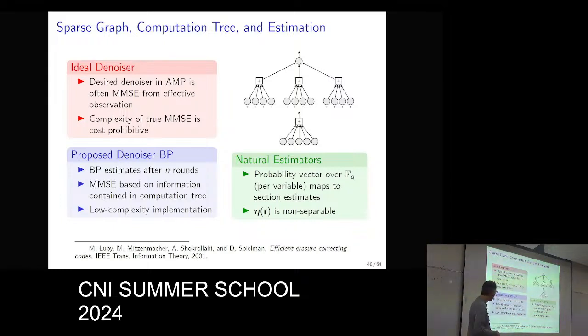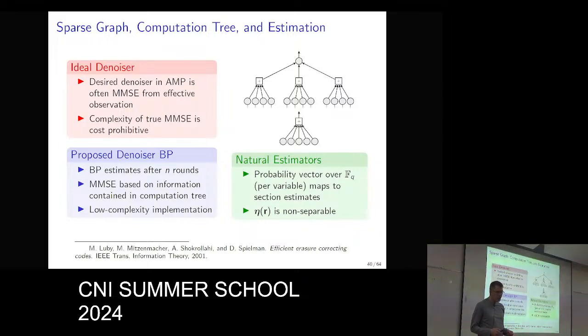If that's true, then the estimate that you get here, taking into consideration all the variables in the tree, is essentially the MMSE based on the information contained in that computational tree. It's not the same as this one. This one is the MMSE over the entire graph. This is the MMSE computed in the computational tree up to a certain depth. But we're hoping it's good enough. It's a low complexity implementation.